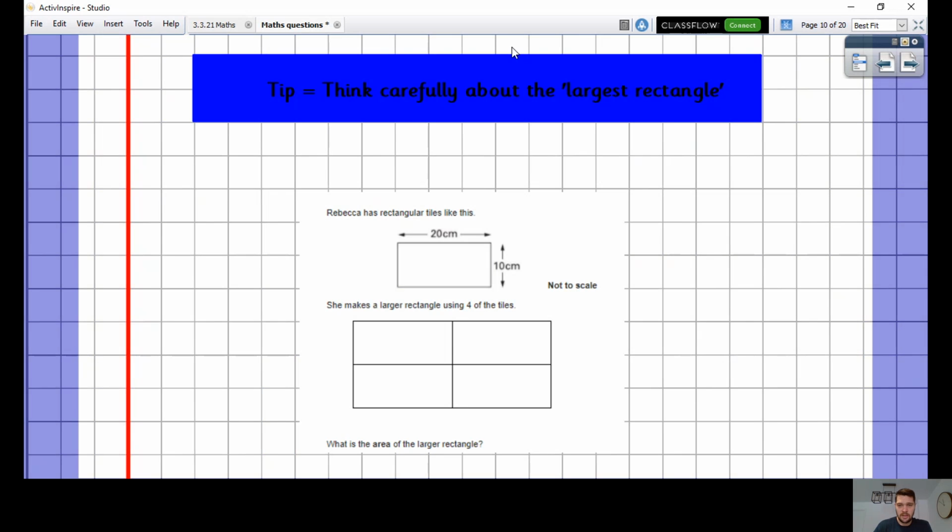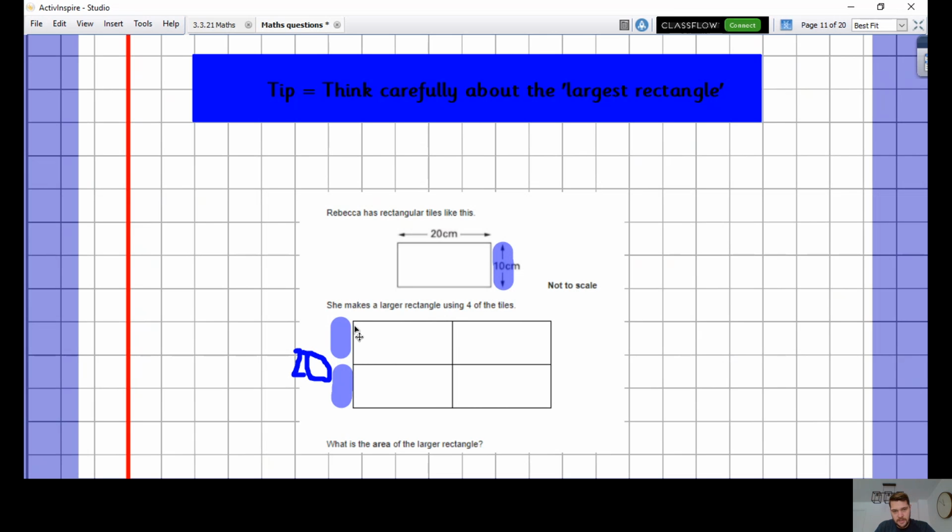If you've still got time, have a go at this question here. My biggest clue is to think carefully about the largest rectangle. And the answer's coming up now. So the larger rectangle is this bigger one that the 4 rectangles are within.